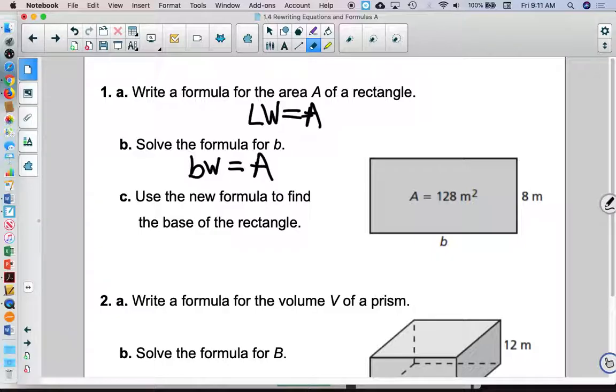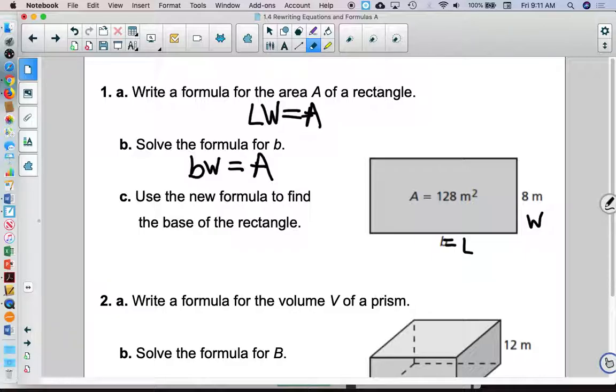I'm just saying this equals my L, and this equals the W, right? So you know where those are coming from. Now solve it for B. I don't have any numbers yet, I just have letters. So if I solve it for B, what's the new formula? Zane? 128 divided by 8?